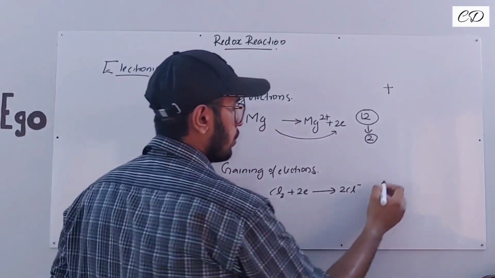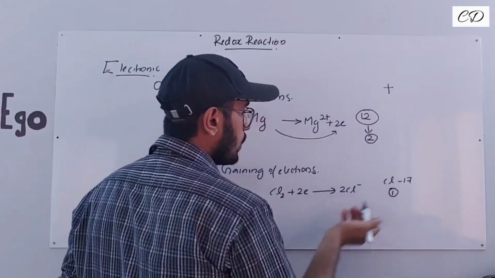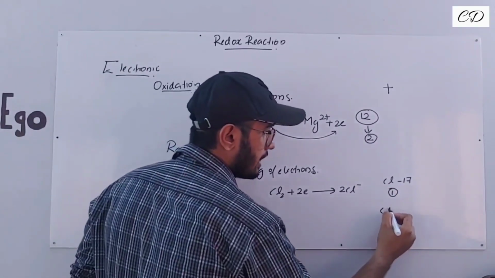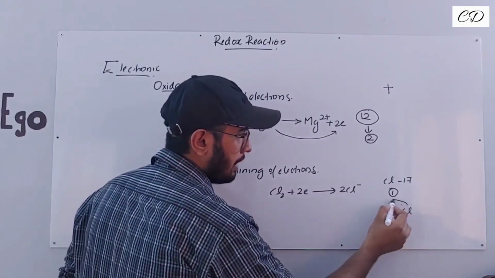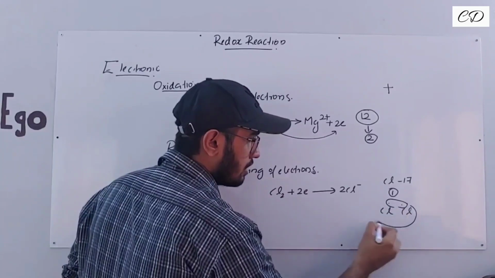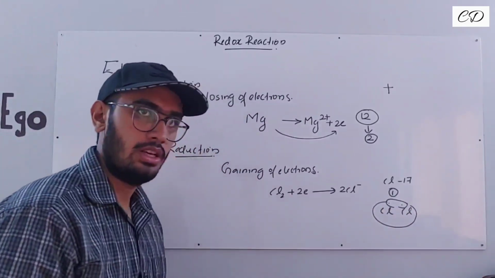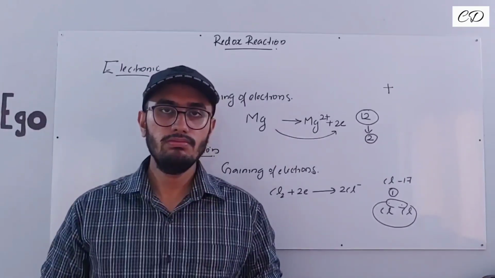We know that the atomic number of chlorine is 17 and its valency is 1, so it can accept 1 electron. Here there are 2 chlorine atoms, so 2 chlorine atoms accept 2 electrons and combine to form the Cl2 molecule. That is the electronic concept of oxidation and reduction.